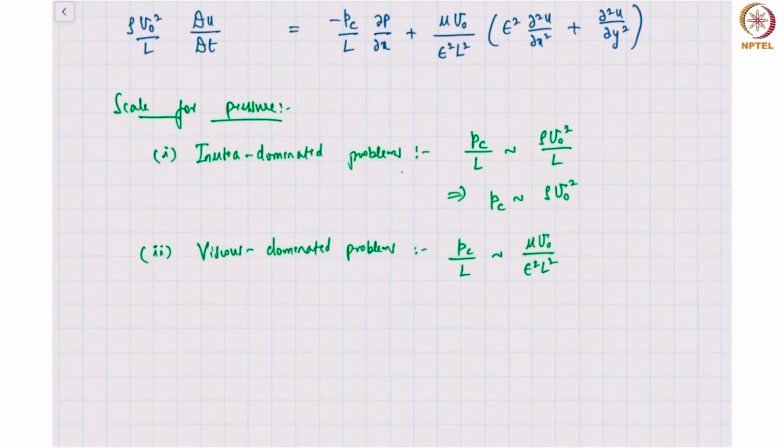Okay, and therefore the scale for pressure will be mu u naught by epsilon square times L. Right? So I have two scales for pressure.